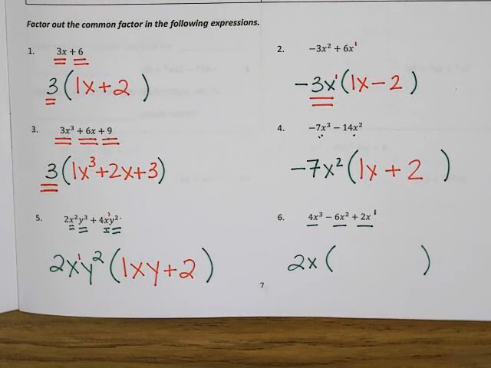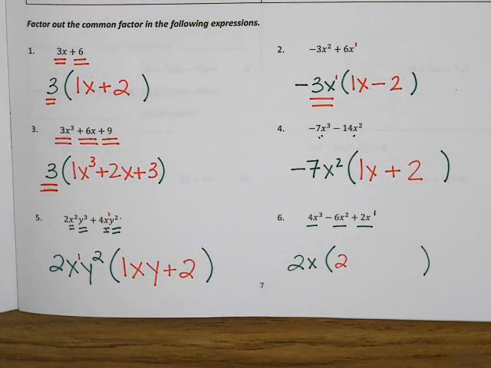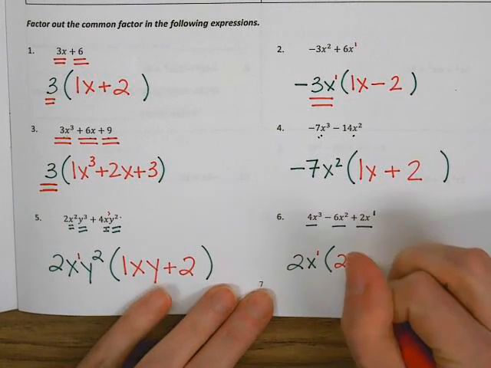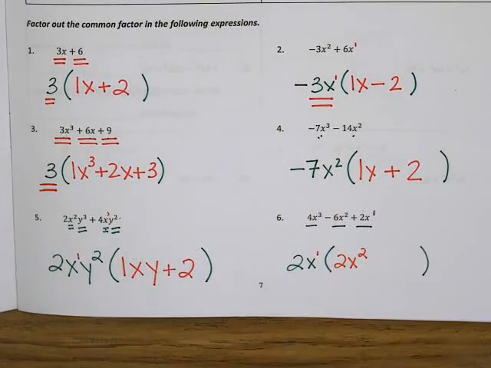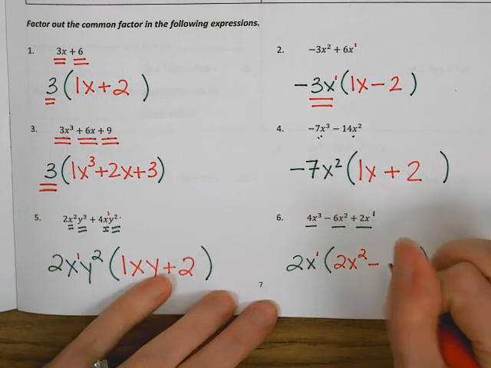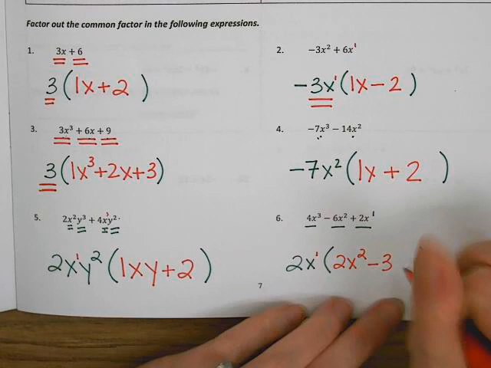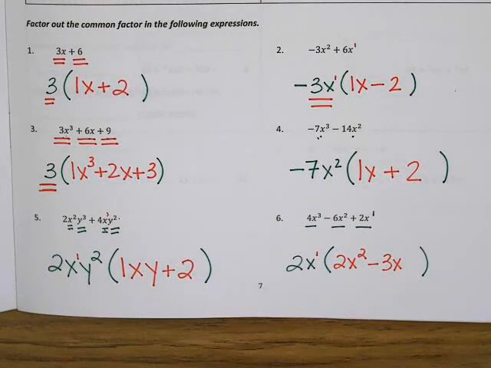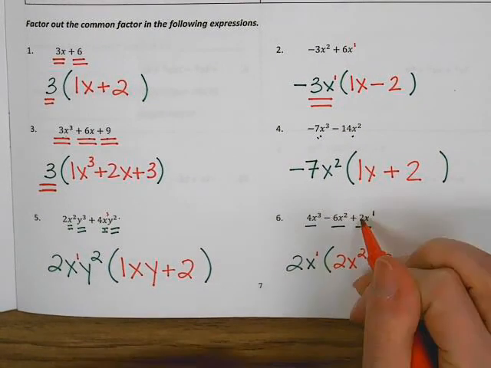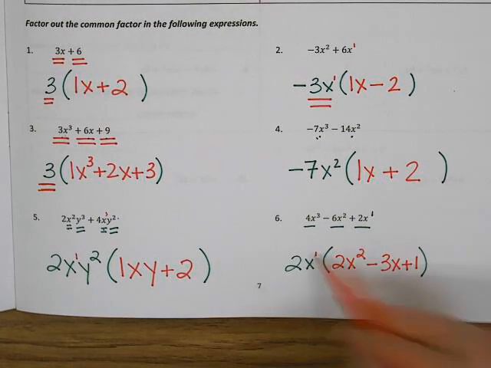All right, let's divide it out. 4 divided by 2 is 2. And 3 minus 1 would be 2 x's left. Minus 6 divided by 2 is 3. And then 2 minus 1 would be 1x left. And then plus 2 divided by 2 is 1. And there would be no x's left.